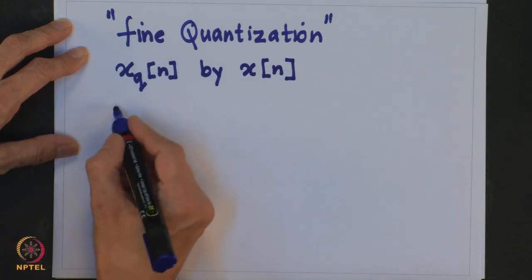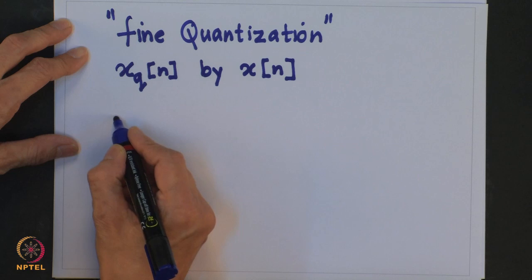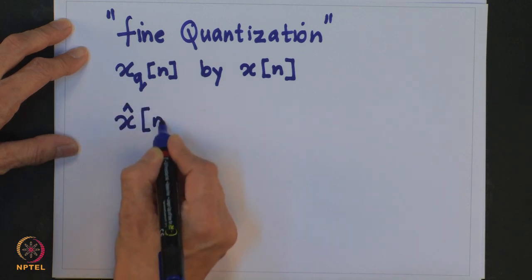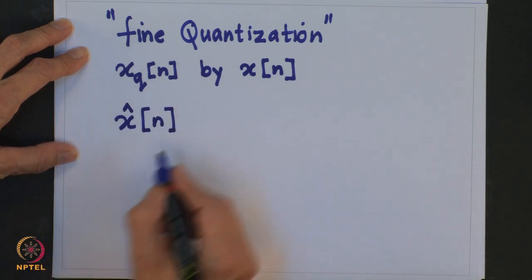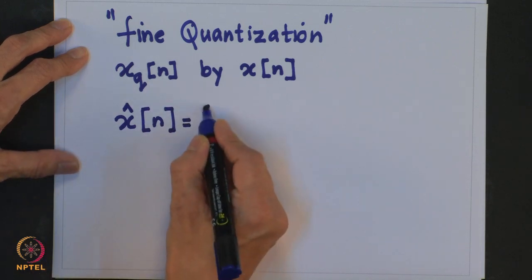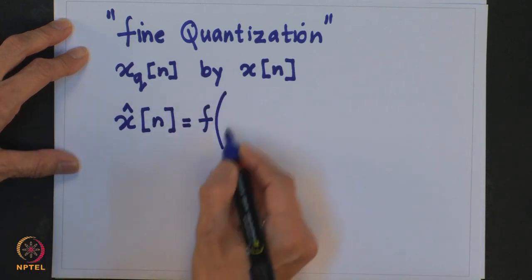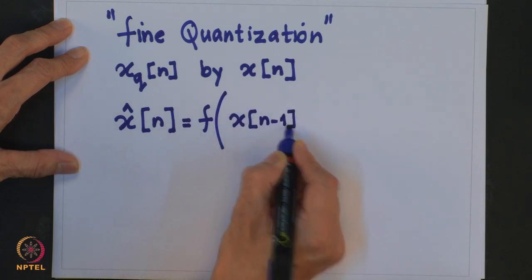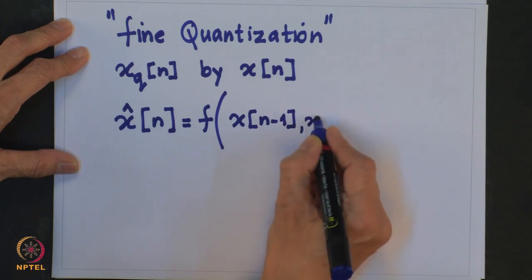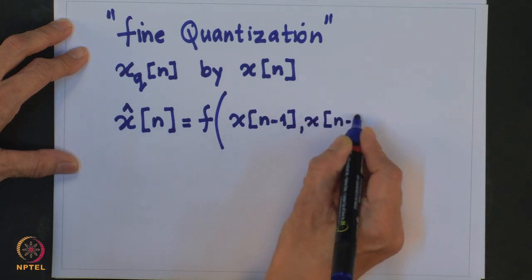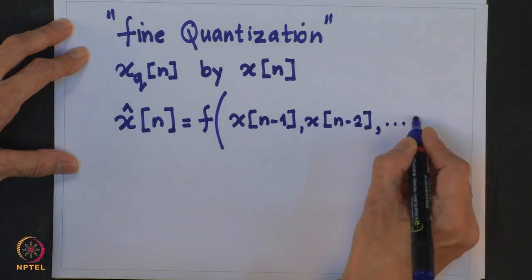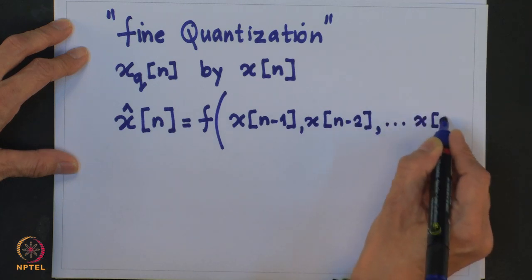In that case, your x hat, which is the predicted value, will become a function of the past original samples and not the past reconstructed samples.